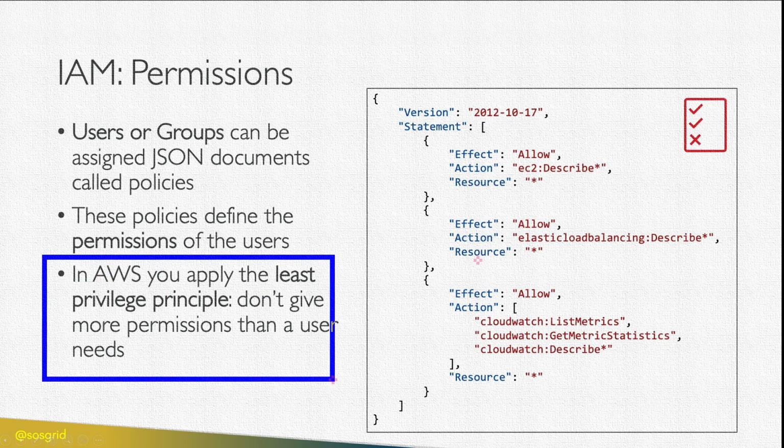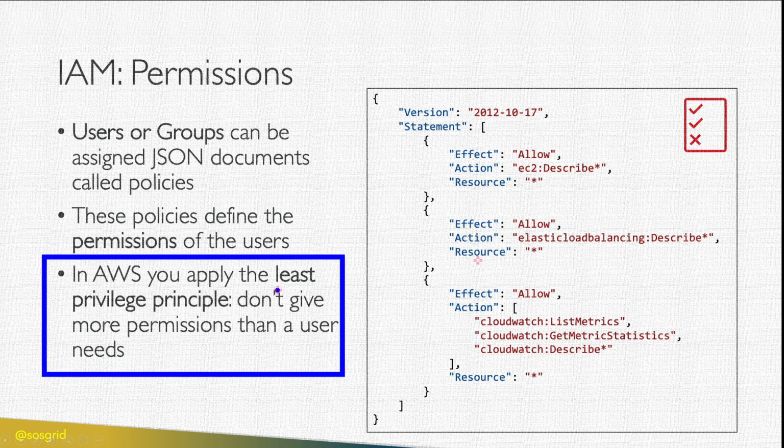So in AWS, you apply the least privilege principle, which simply means don't give a user more permission than they need, right? Otherwise, if you give them permission to do anything, they can possibly delete everything. You don't want to just give them full permission, right? If someone only needs to read a document, don't give them the delete everything button.